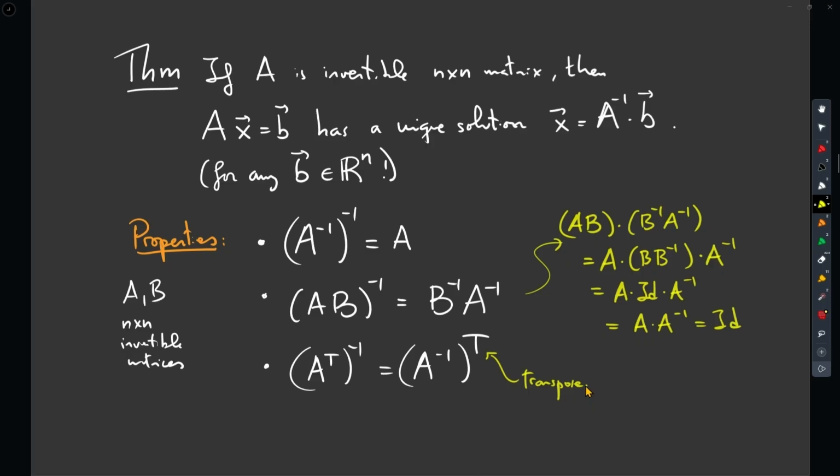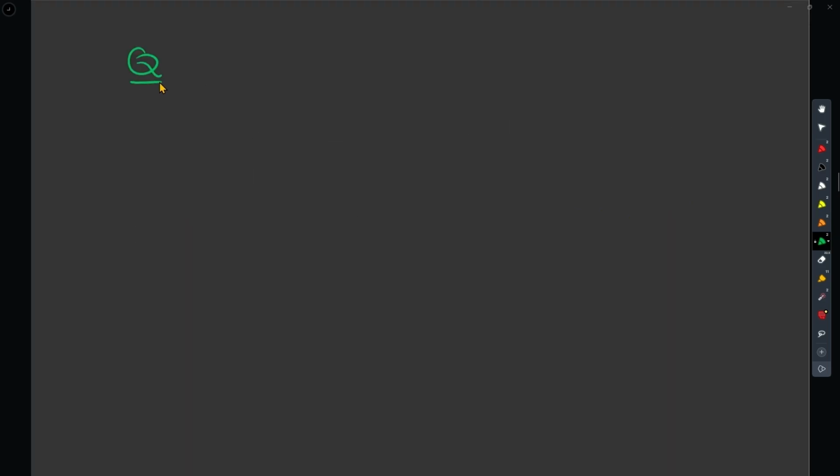Great. Now, I still want to figure out, given a matrix, whether it's invertible or not. So how do we do that? Question: given an n by n matrix A, is A invertible?